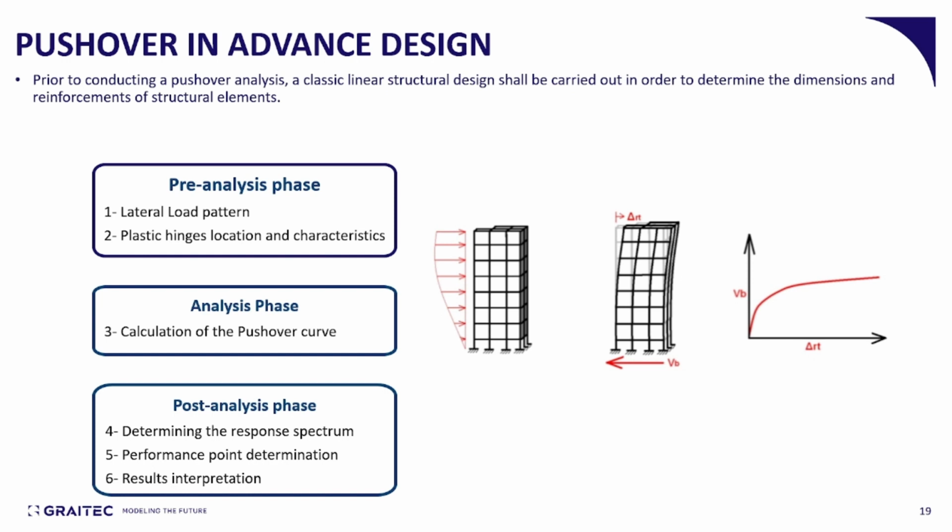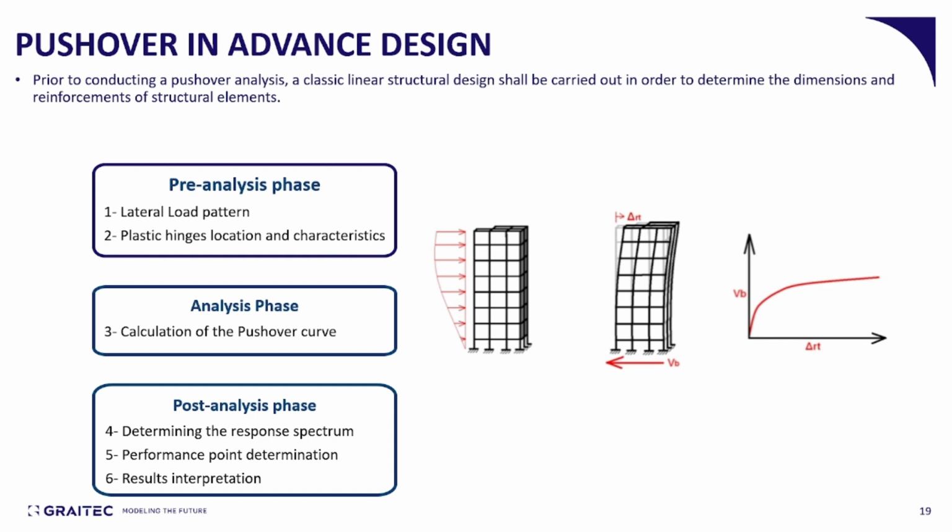And the reason behind this is since we are going to apply material nonlinearity in order to perform the pushover analysis, the sections and the dimensions of the members need to be defined in order to be able to apply the material nonlinearity afterwards. So first of all, we need to define this.